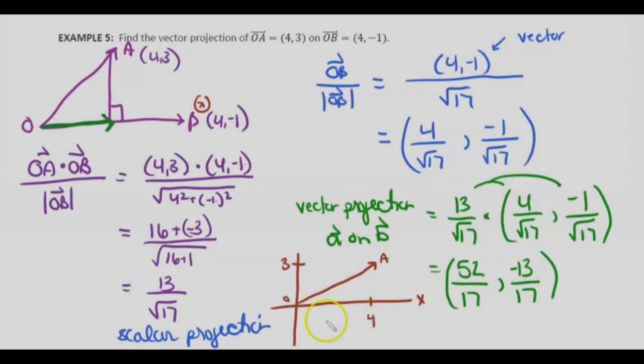So I'm going to go -1 here. If this continuously goes, which is OB, what ends up happening is we go to the tip of A, and we draw this perpendicular to B. So right here, this is our projected vector.